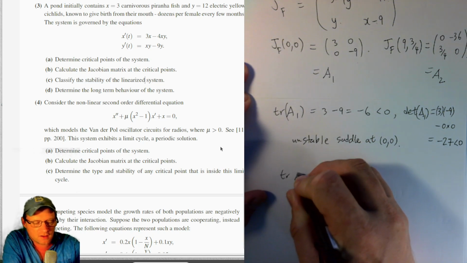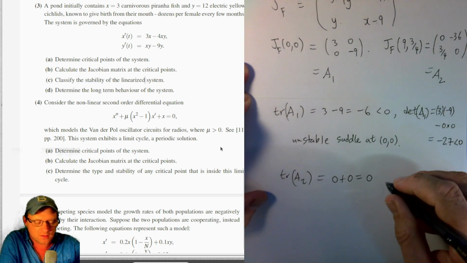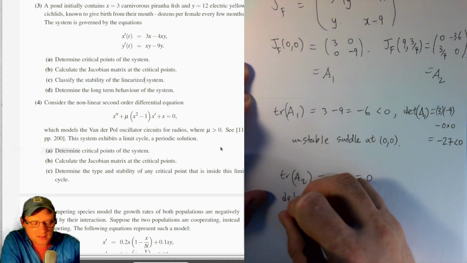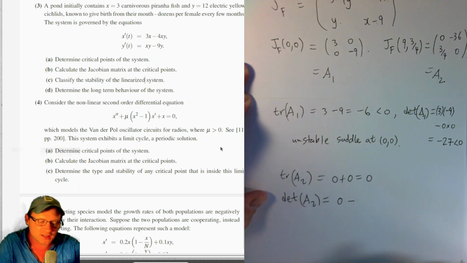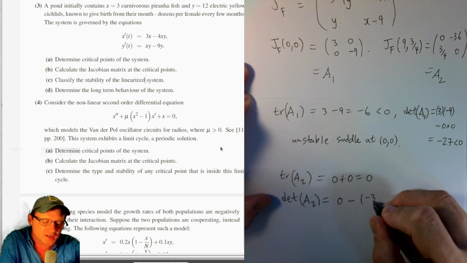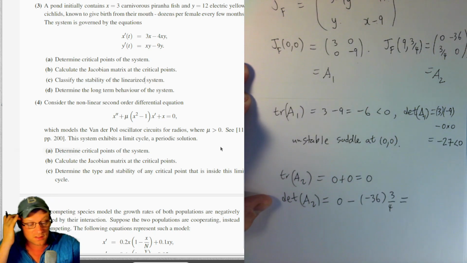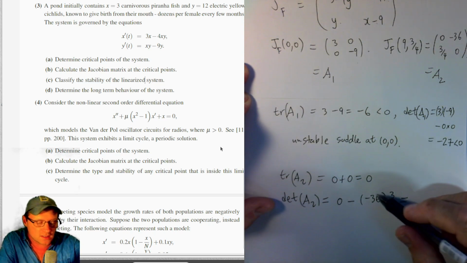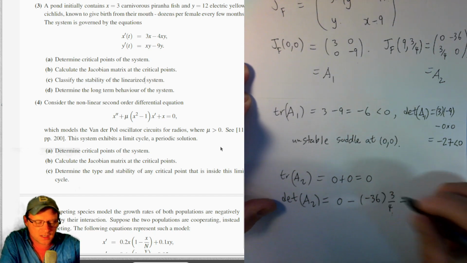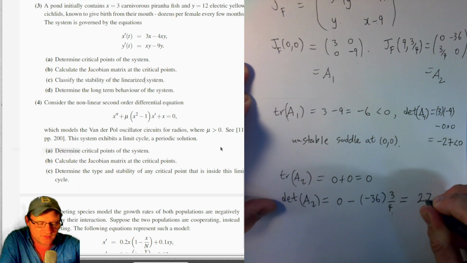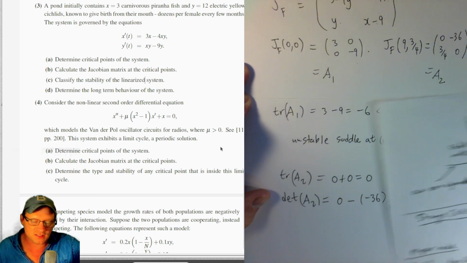Now for the second critical point, the trace of A2 is 0 plus 0, which is 0. The determinant of A2 is 0 minus minus 36 times 3/4, which is, now 36 divided by 4 is 9, so we have 9 times 3, which is plus 27. That's positive. Let's look at our stability chart here.